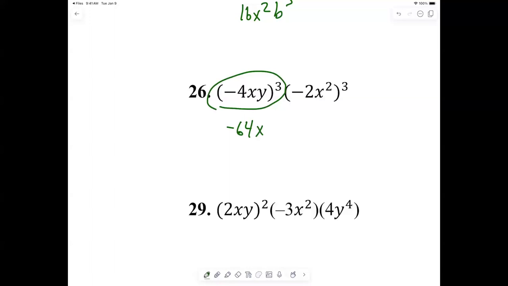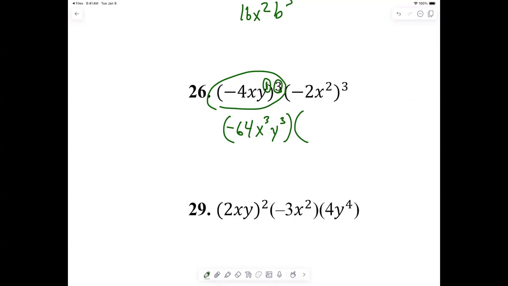X to the power 3. Yes, ma'am. And Y to the what? 1. Now remember, this is a 1. Still a power to a power. You with me on that, right? All right. Now you have to do -2 cubed. -2 times -2 times -2.